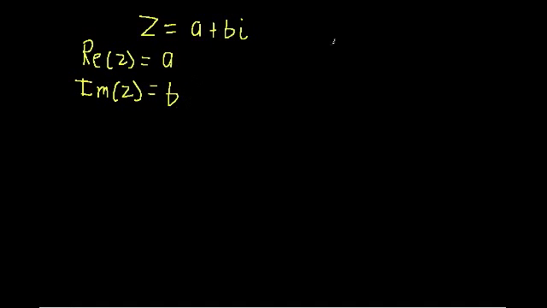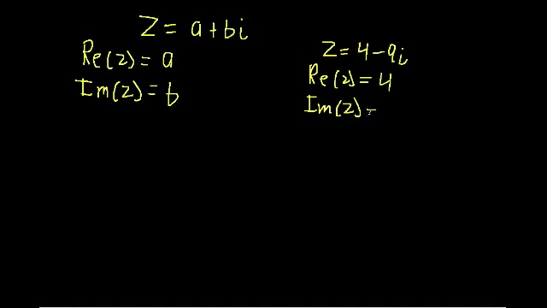So, if you have a nice simple complex number like z is equal to 4 minus 9i, in that case finding the real and the imaginary part is easy. The real part of this complex number is just 4. The imaginary part of this complex number is just minus 9.